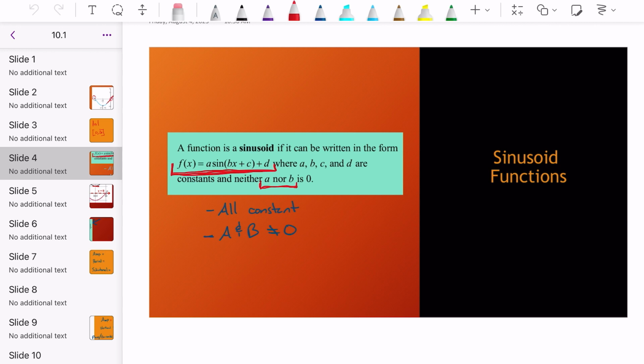These are extremely important because they help to tell you different aspects of our graph. Keep in mind, when we began talking about our amplitude, we were referencing the absolute value of a. Remember, a is in reference to this a right here in our equation.